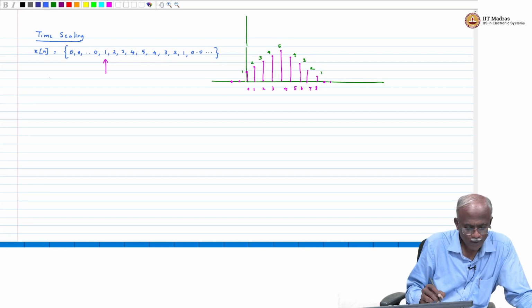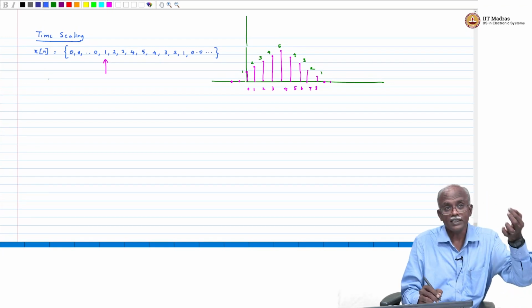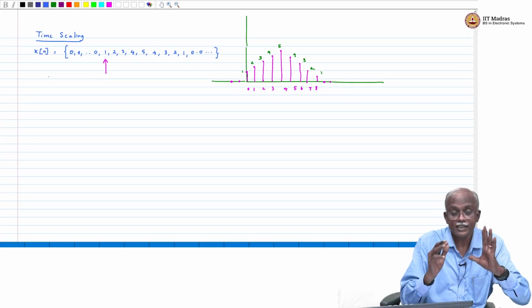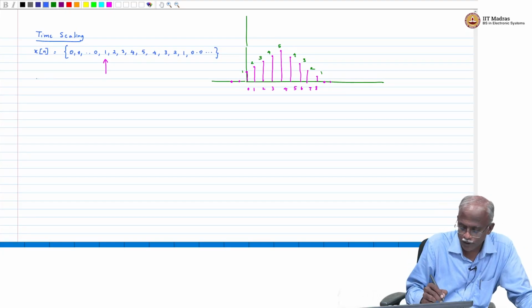Now, the first operation of time scaling is a reduction in the sampling rate. So what we are going to say is, I am going to define a sequence y of n that is equal to x of 2n.